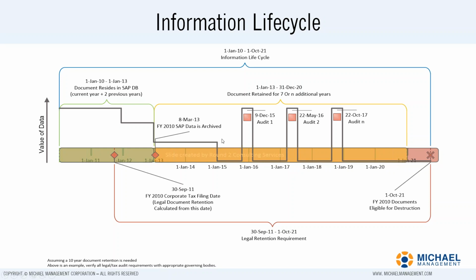Along the way, we can have spikes in value of data should there be a legal case that comes about or audit inquiries. And of course, that's going to spike the value of data, and there needs to be a means to access that information and provide it, especially to legal authorities as well.